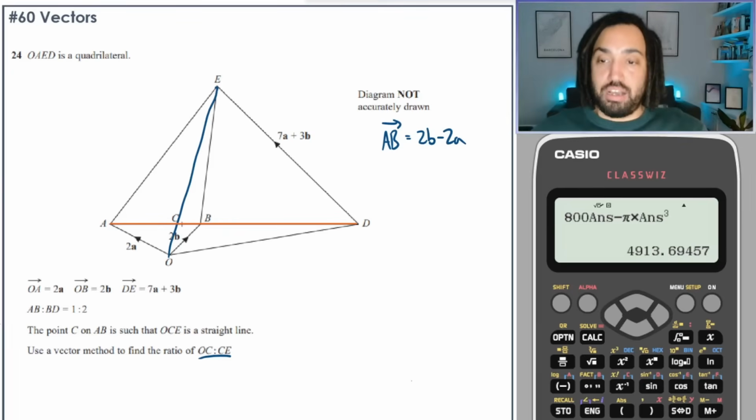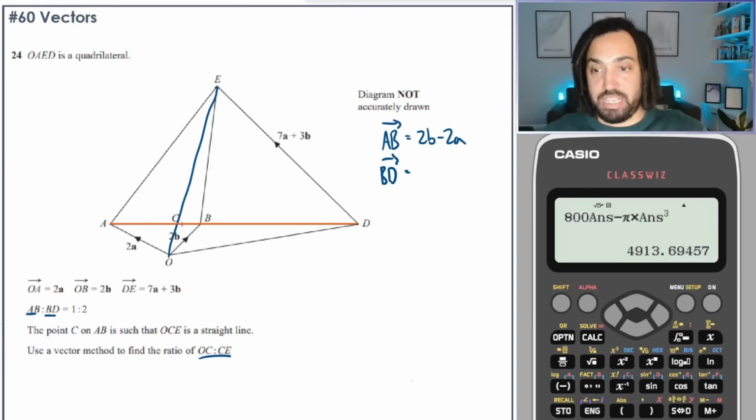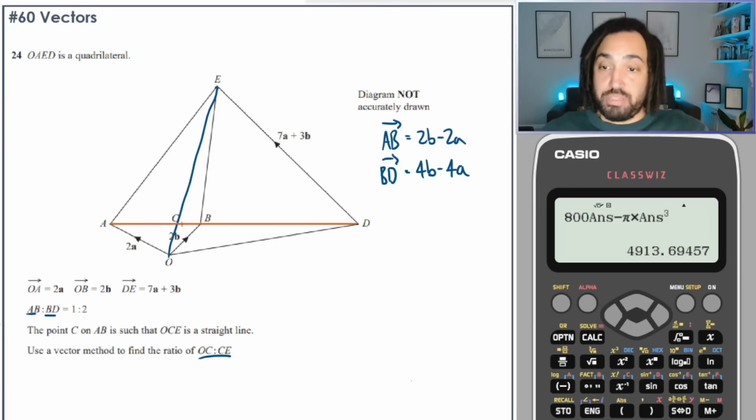Okay, now I can work out BD, because I know that AB and BD is a ratio of 1 to 2, so BD is just twice AB, which is 4b minus 4a. That means I can also work out AD, because that will be the two of them added together, which would be 6b minus 6a.